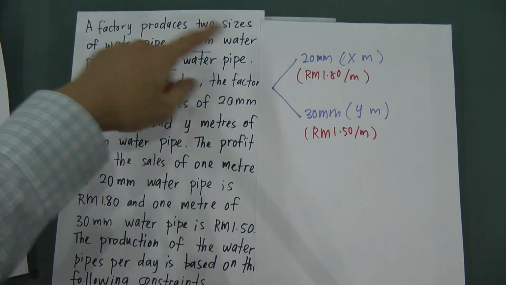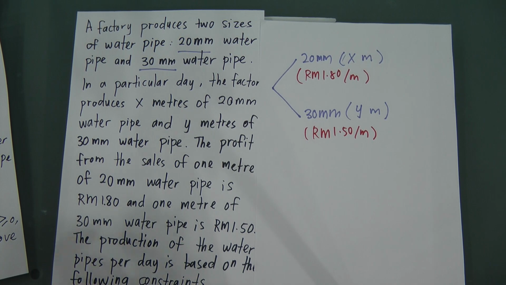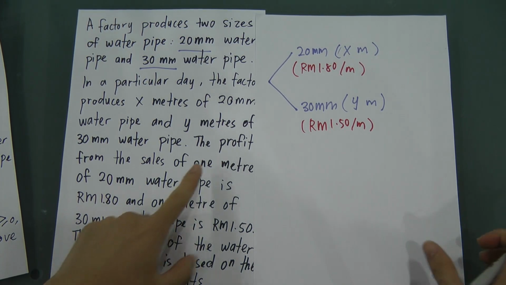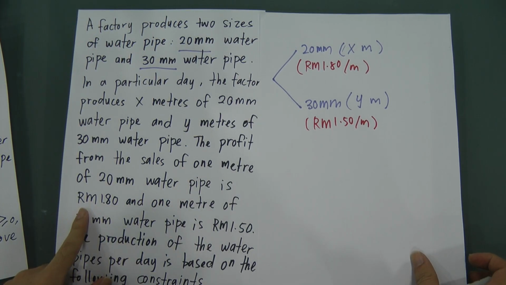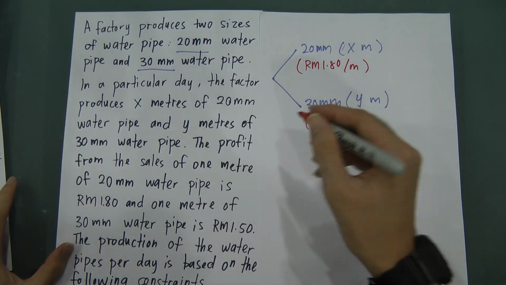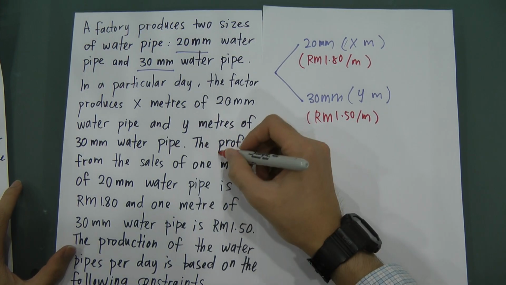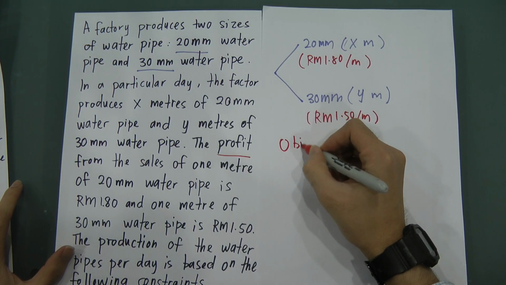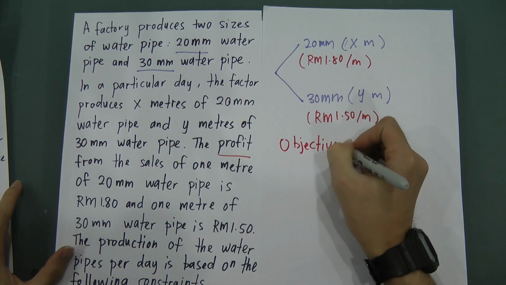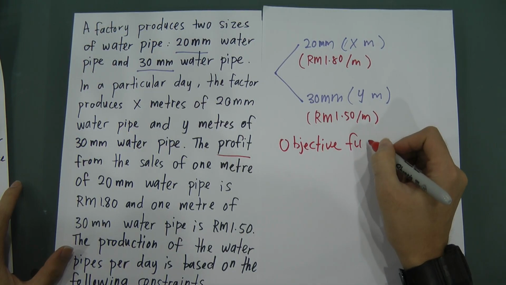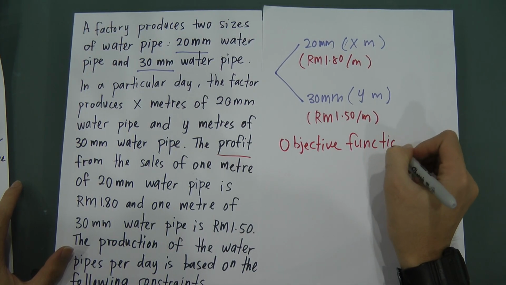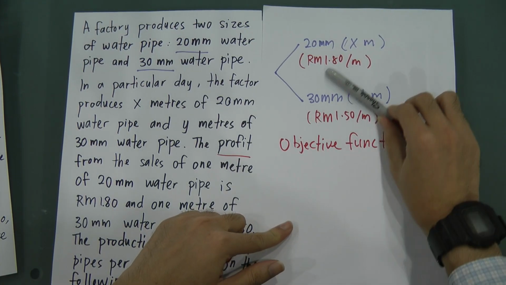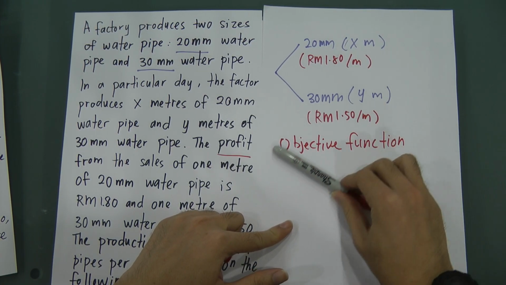Another very important piece of information here is that when you see something related to profit, most of the time it is related to what we call the objective function. What is the objective function? At the end you have to draw a straight line, and then move the straight line to the maximum point or to the minimum point.